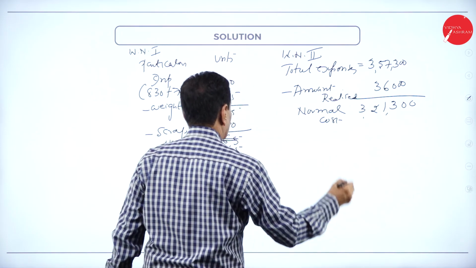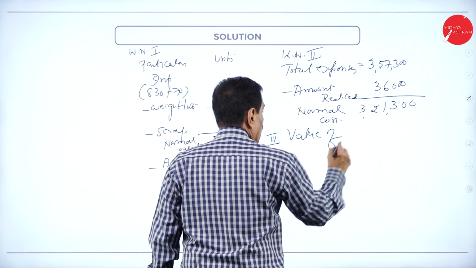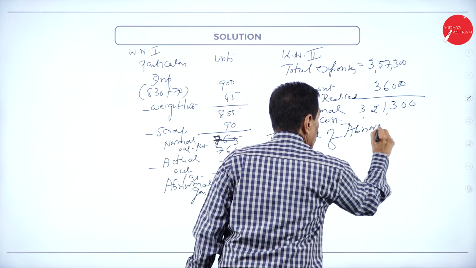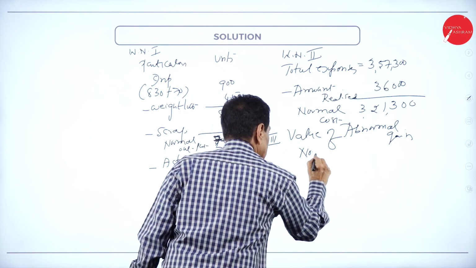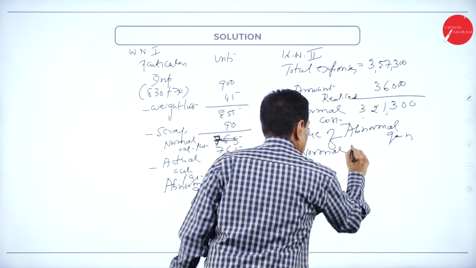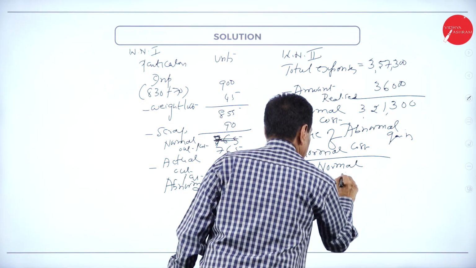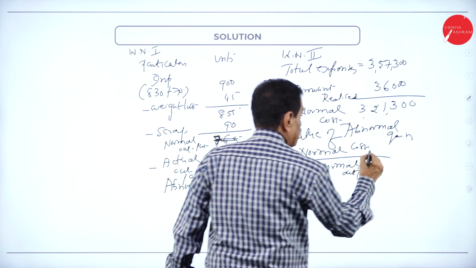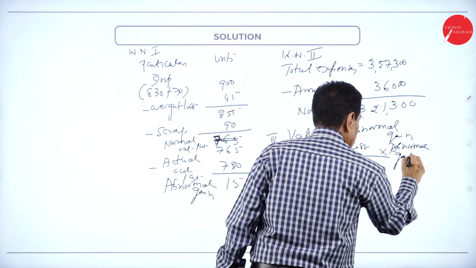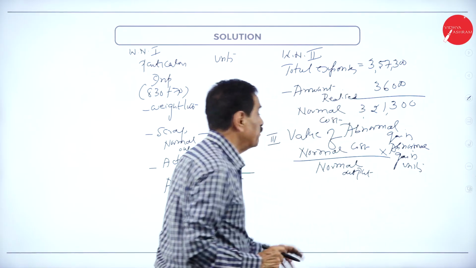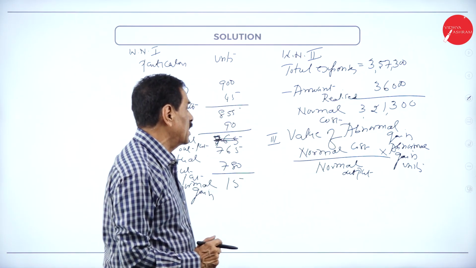Working note number 3. Value of abnormal gain, more is there. Same formula. Normal cost divided by normal output multiplied by abnormal gain units. What's your formula? Normal cost divided by normal output multiplied by abnormal gain units.